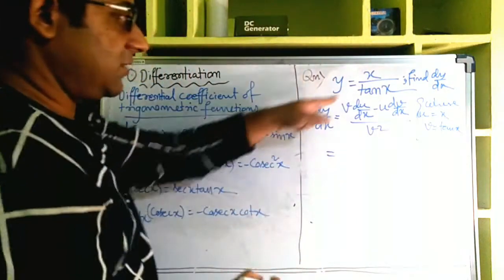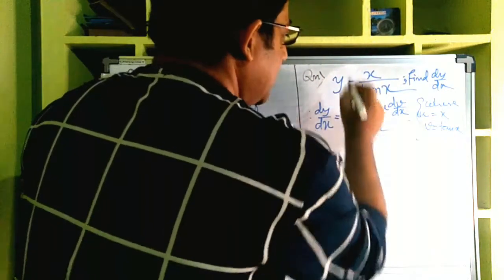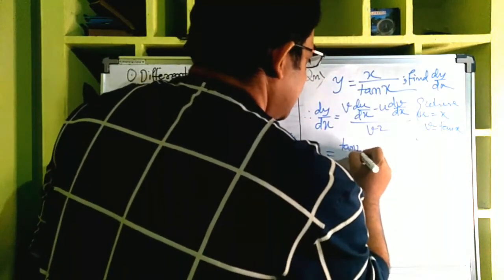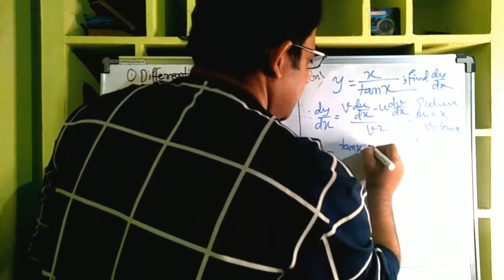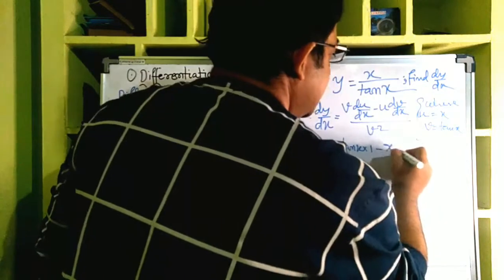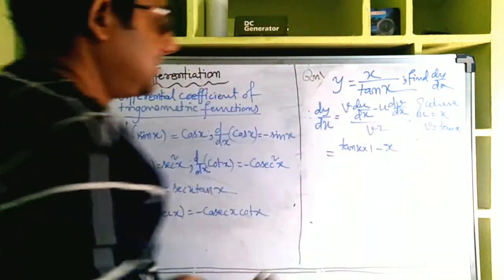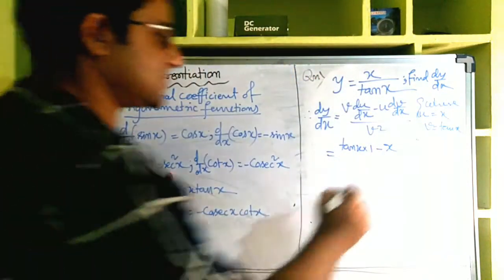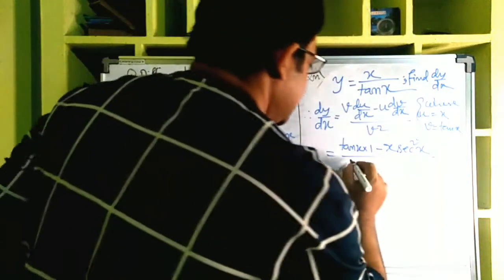So directly applying here, v du by dx is tan x multiplied by x derivative, which is 1, minus u times dv by dx, tan x derivative with respect to x is sec square x, whole divided by v square, that is tan square x.